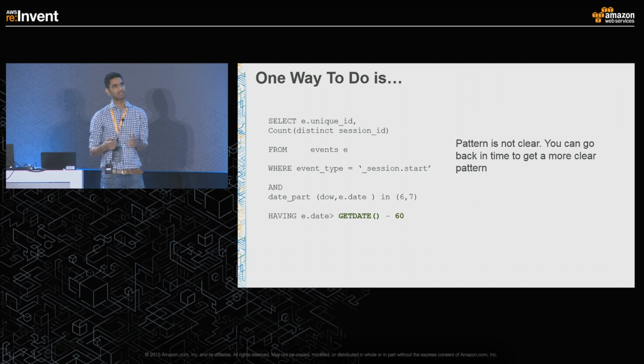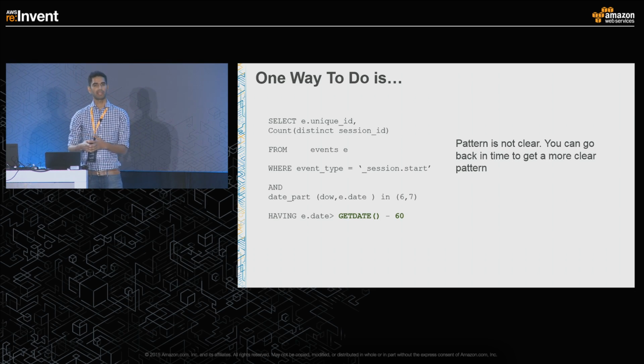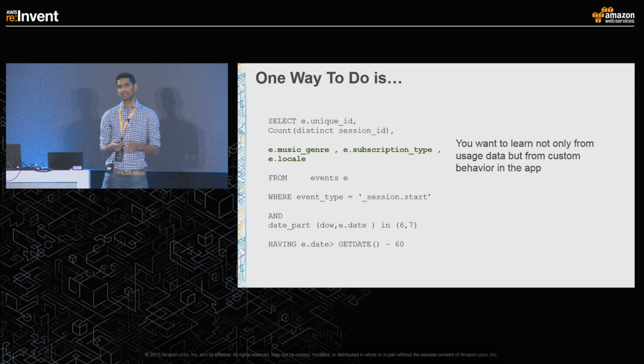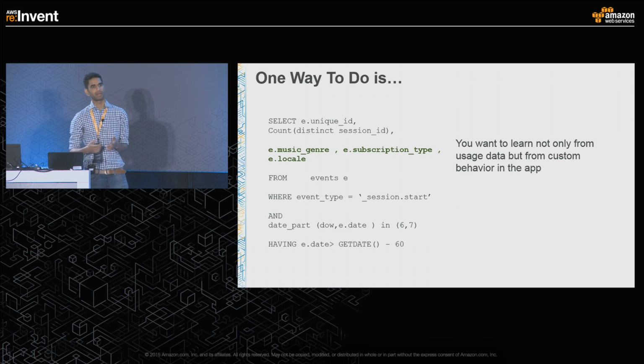Now, once you get this data, there is no guarantee that you would find any patterns, right? So you would say, you know what, let me go back in time, let me add more data points to my query. So you add this particular line in your SQL statement, you run again. Again, the patterns are still not clear. There is no guarantee that you would find patterns.